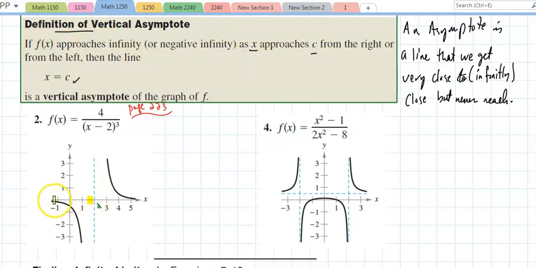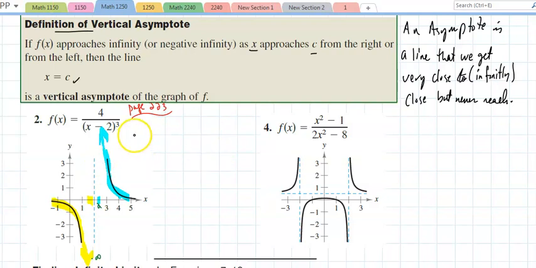If I wanted to approach 2 and I am on this path, do you see as I get closer and closer to 2, this will get closer and closer to negative infinity? Or if I approach it from the right, well, if I'm taking the path from the right hand side, do you see this is going to go up all the way to infinity before I could reach that?